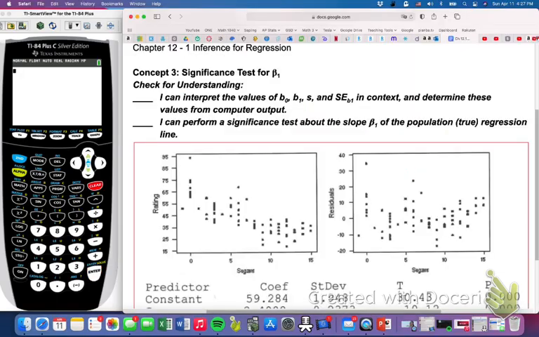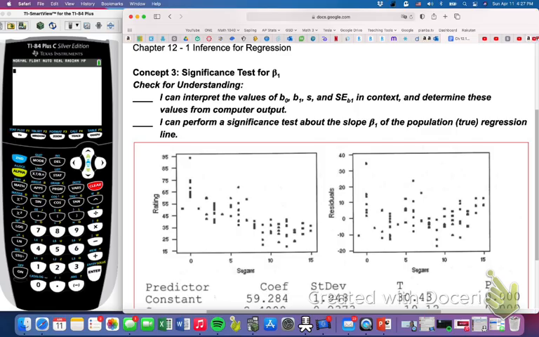Hi, this is the last part, a continuation of chapter 12.1, CFU for inference for regression, Concept 3 on the significance test for population slope.